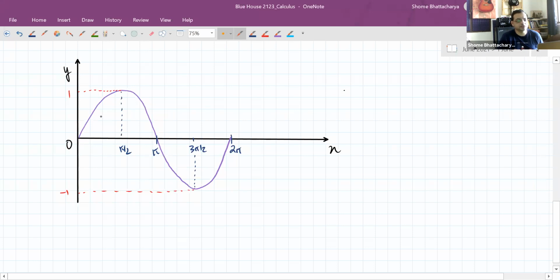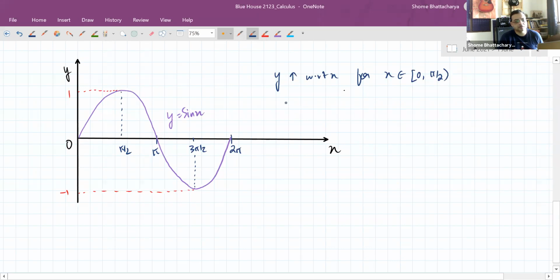From the graph, if we were to see how y and x are related to each other in terms of increasing and decreasing function, you can see that y increases with respect to x for x going from 0 to pi by 2, but not including pi by 2, because at pi by 2 it becomes flat, the tangent becomes flat.